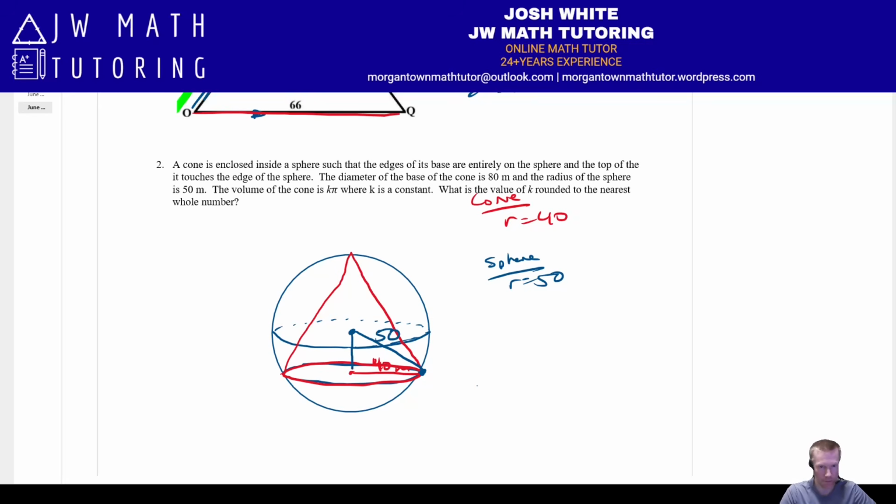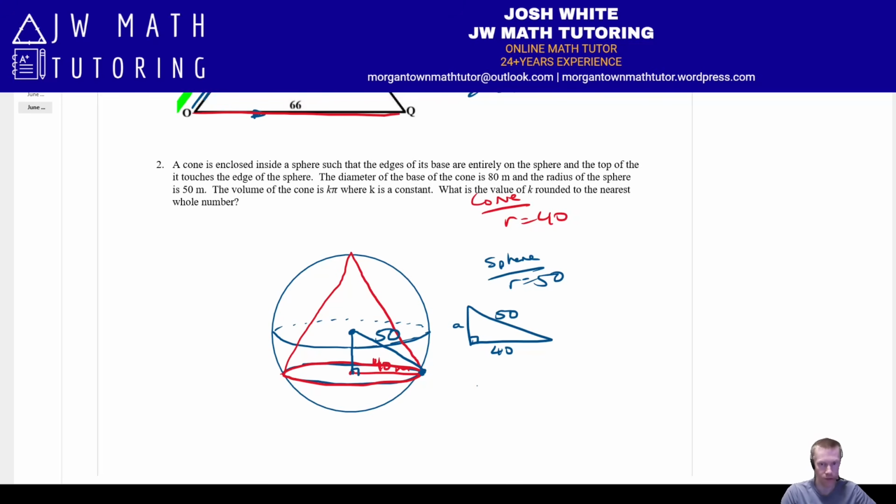Then essentially you drop this down. This makes a right triangle. So what you have here is 50, the radius of the sphere, 40, the radius of the cone, and then this little distance, the perpendicular distance from the center of the sphere to the base of the cone.